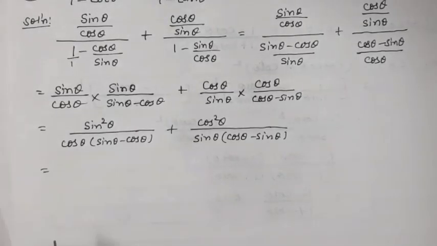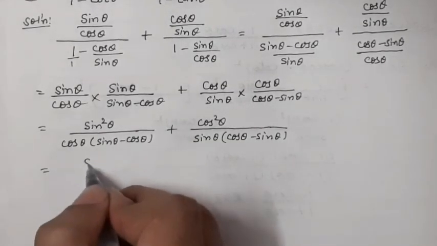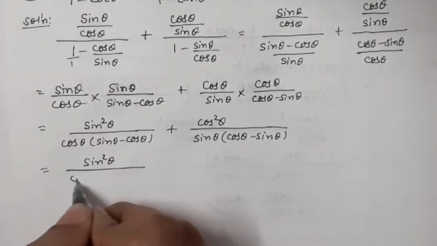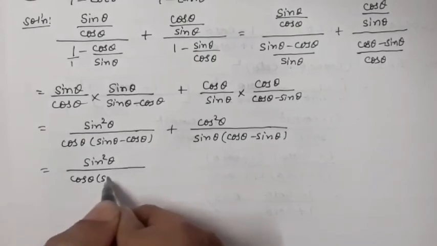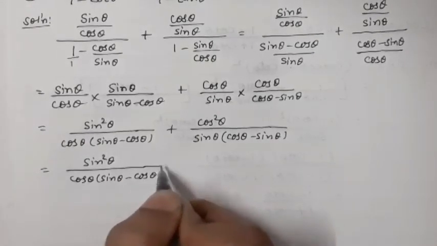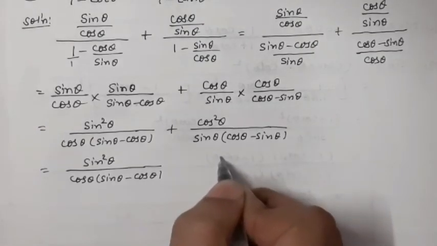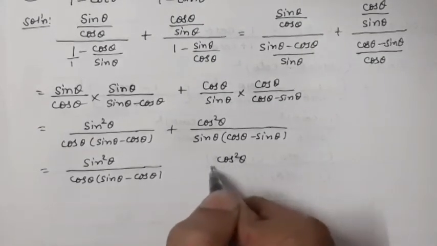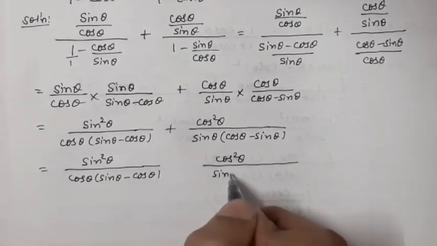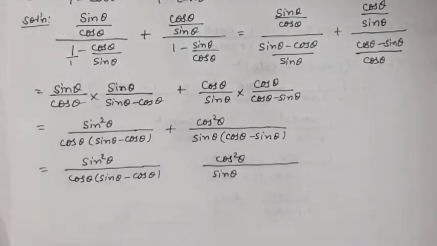Okay, one more very important step I am going to do here, that is sin square theta upon this term as it is. See carefully, it is a very important one. Okay, numerator as it is, this sin theta I am writing as it is.